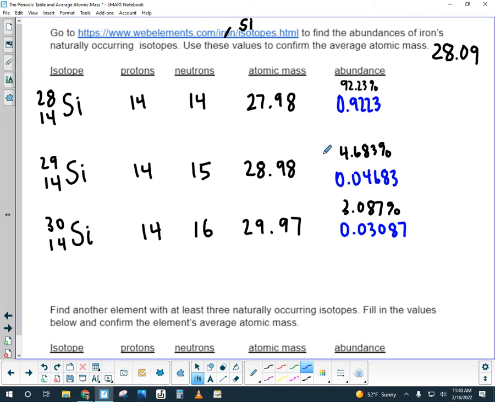And then again, to calculate that weighted average, I'm going to take the atomic mass and multiply it by the decimal version of the percentage. So I'll write those in green.